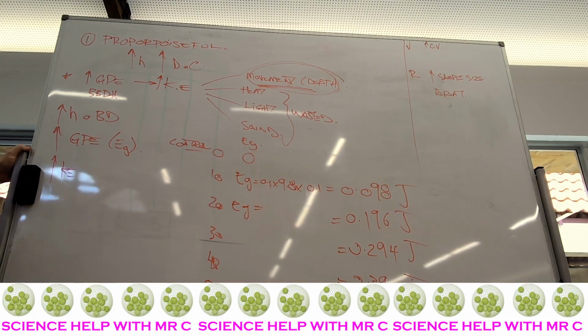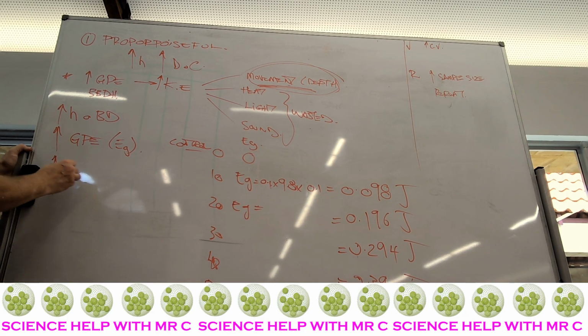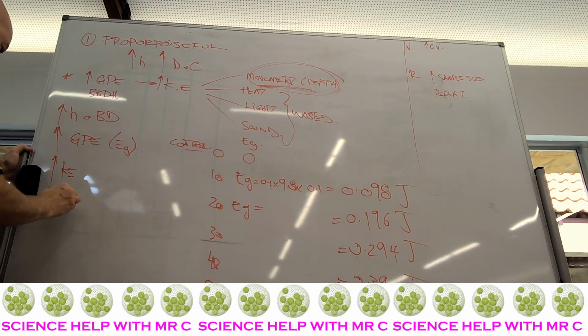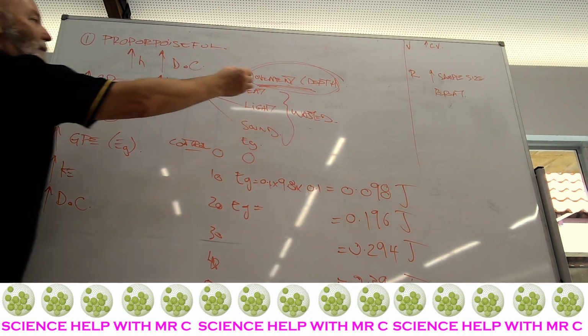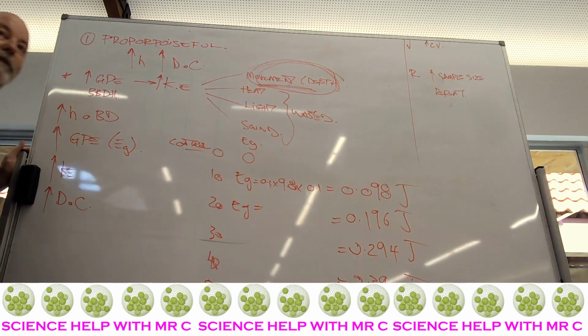So when the balls drop, there's a decrease in potential energy and an increase in kinetic energy. With the increase in kinetic energy, we're going to get an increase in the depth of the crater because it's making the sand move.